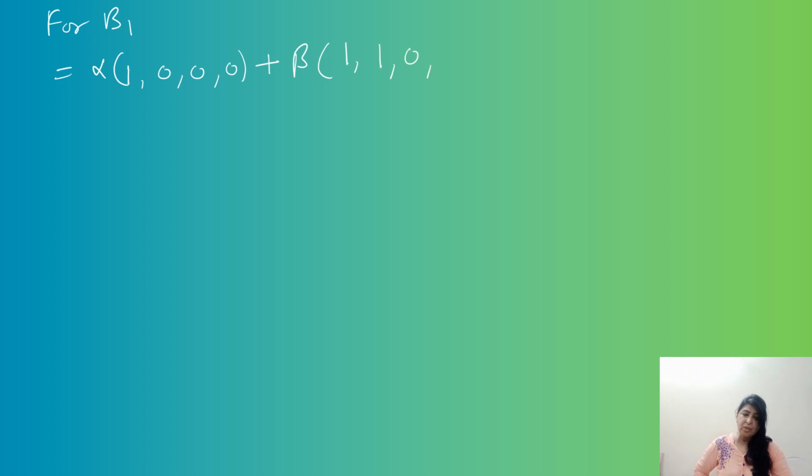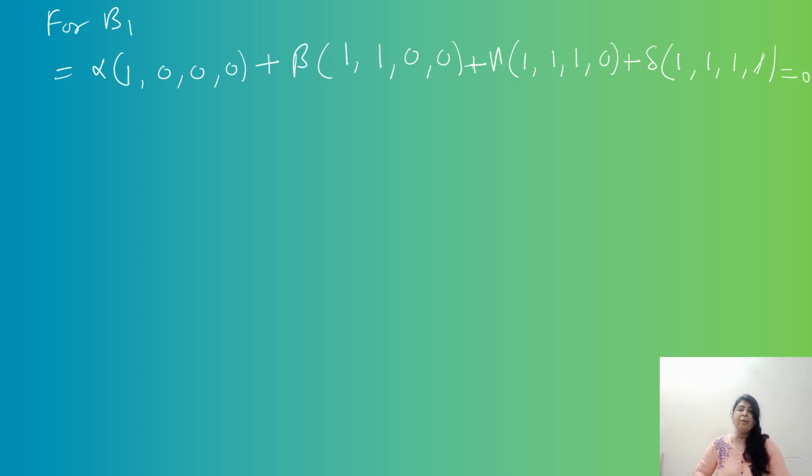So for B1, what will we do? We write alpha times (1, 0, 0, 0) plus beta times (1, 1, 0, 0) plus gamma times (1, 1, 1, 0) plus delta times (1, 1, 1, 1) is equal to 0.